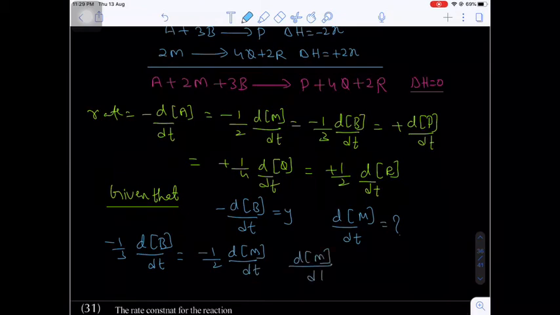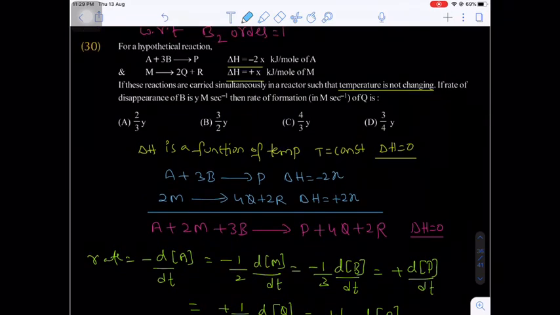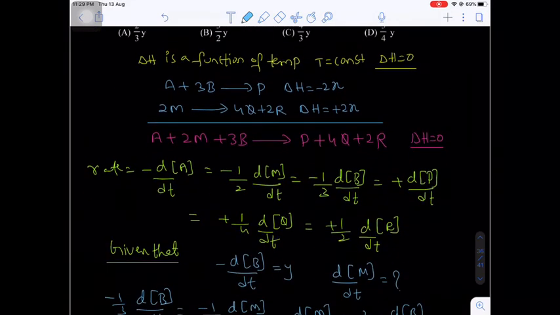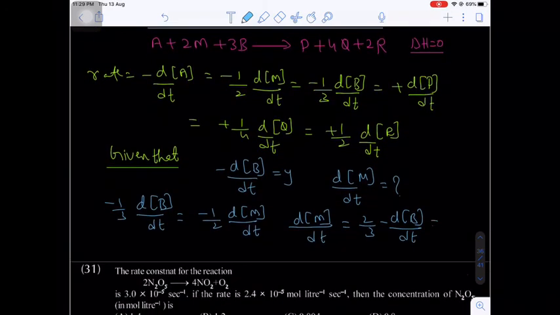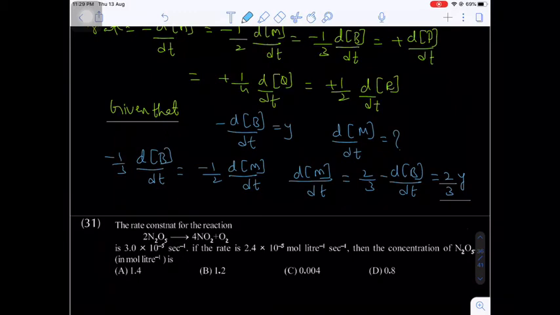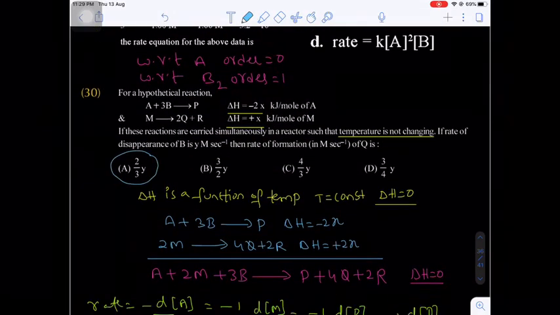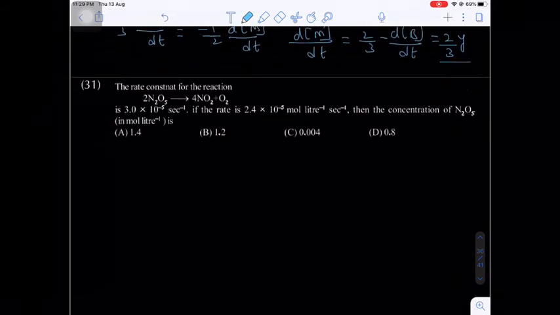From here, dM by dt will be equal to 2 by 3 times dB by dt. What is dB by dt? The disappearance of B, that will be y, so you will get 2 by 3 times y. 2 by 3 times y is the final answer. That will be option A.